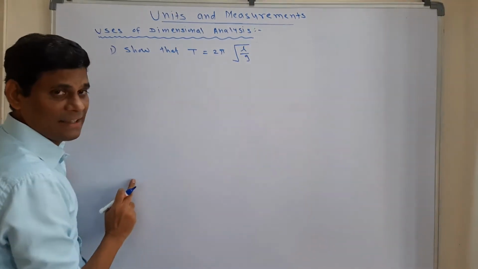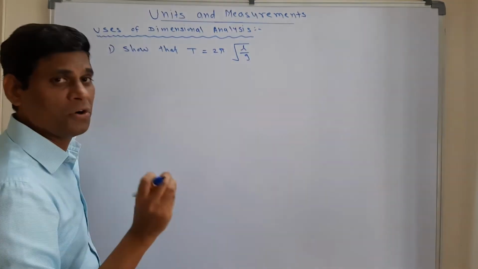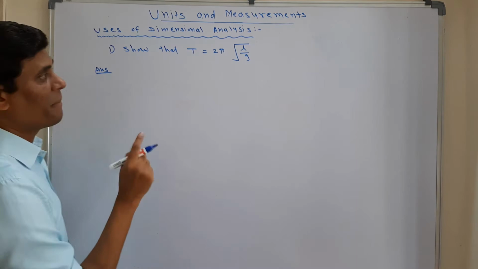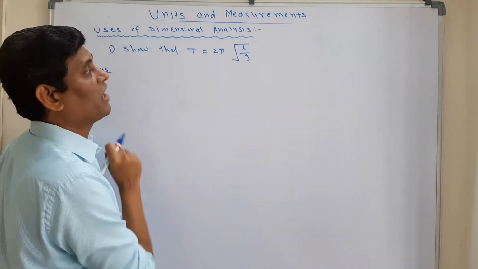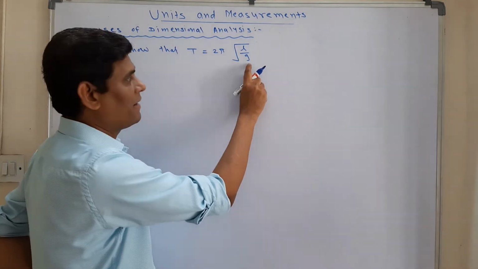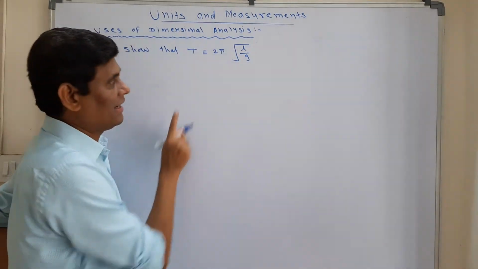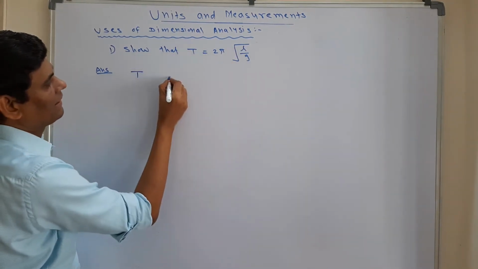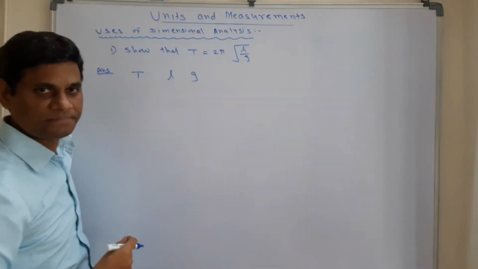L is length. G is acceleration due to gravity. To proceed, we have to see how many physical quantities are there. There are 3 physical quantities: time, length and acceleration due to gravity. Which is the main physical quantity? Time. So you have to write first time, then length, then gravity.